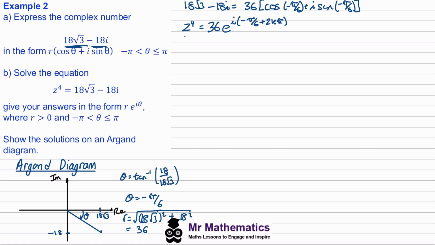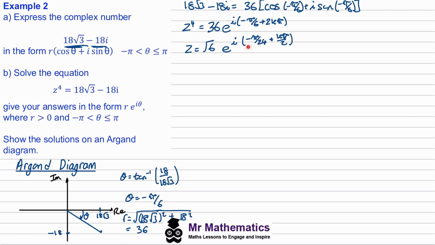And then we'll take the fourth root of both sides, so z will be the square root of 6, e to the i. We'll divide each of these by 4, so negative pi over 24 plus 2k pi over 4, or k pi over 2. And this is using De Moivre's theorem.